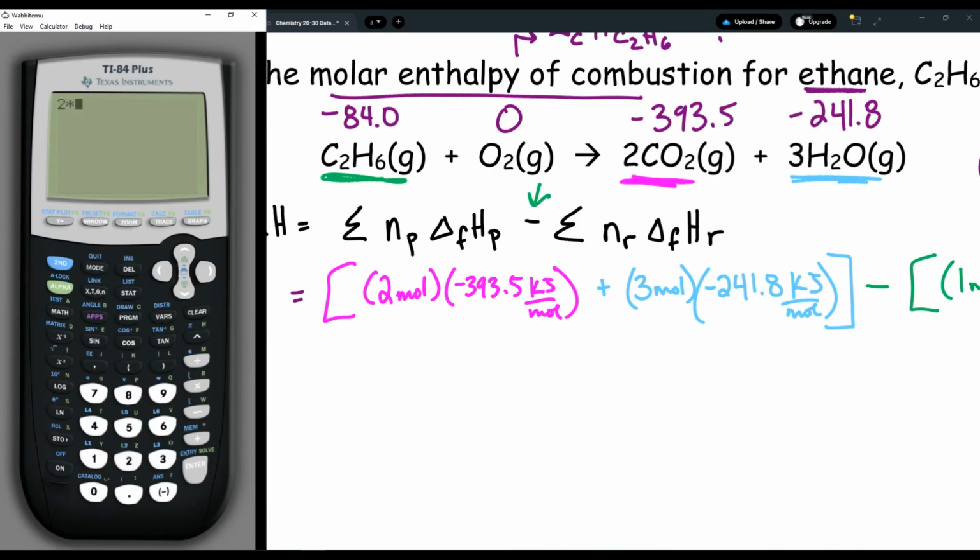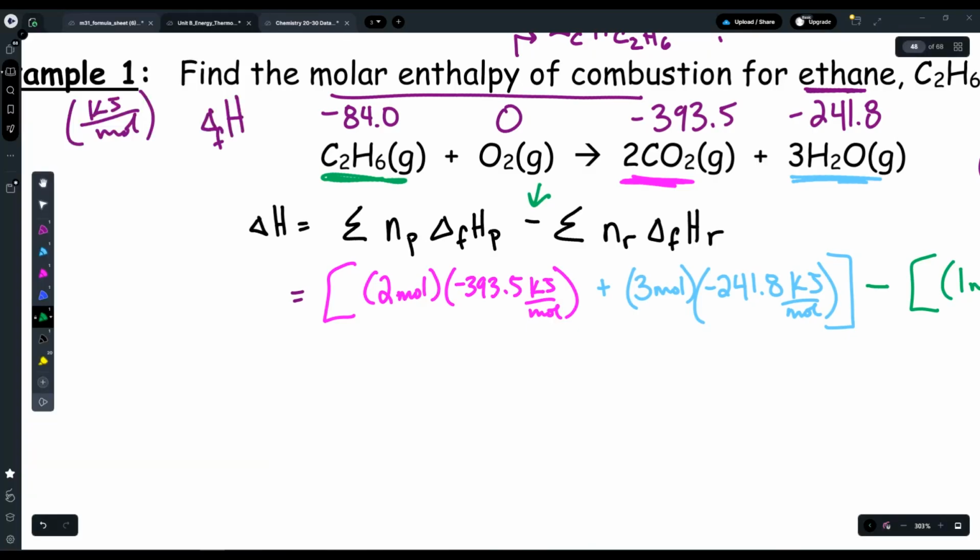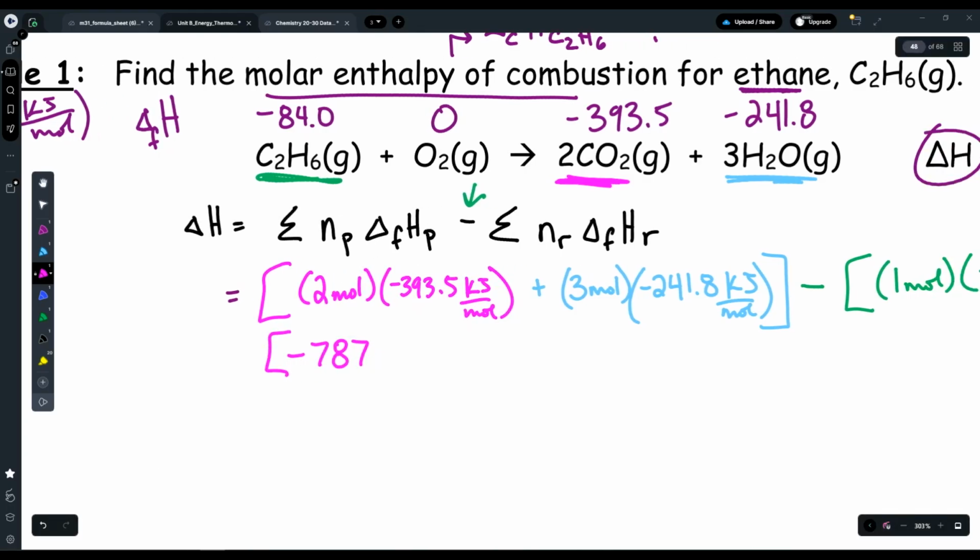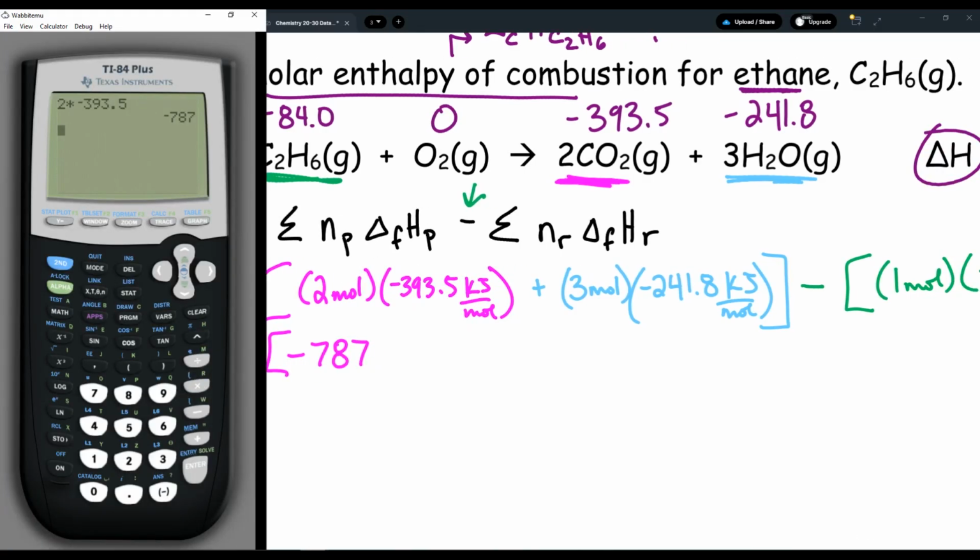So 2 times negative 393.5, that's going to give us negative 787. Okay, and then 3 times negative 241.8, that's going to give us negative 725.4.